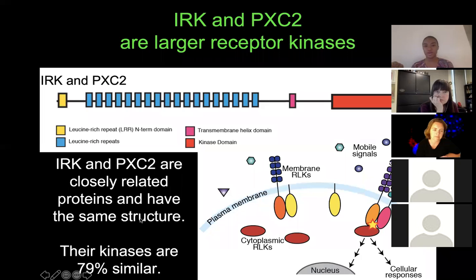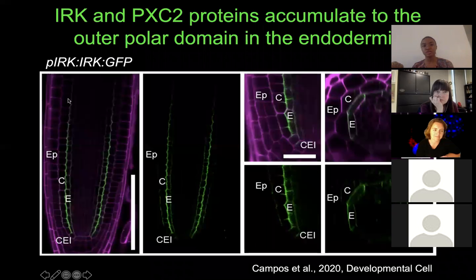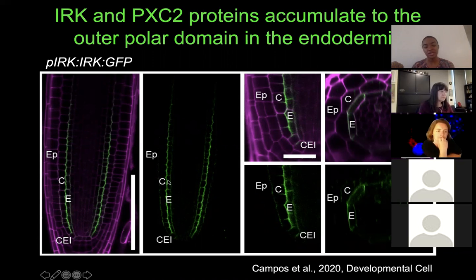So moving on for a little bit, when we observe IRK and PXC2 and where they accumulate in Arabidopsis roots, this is a confocal microscopy image, and these are the cell layers that I mentioned before: the endodermis, the cortex, and the epidermis. IRK and PXC2 localize pretty intensely, as indicated by this GFP here.